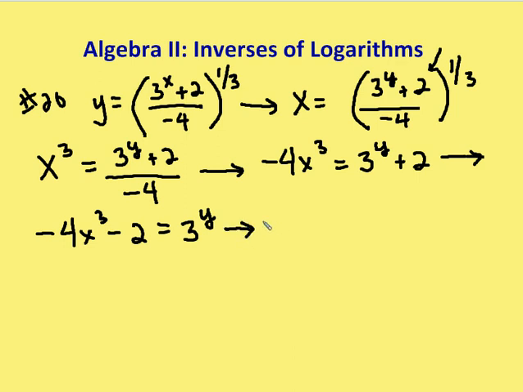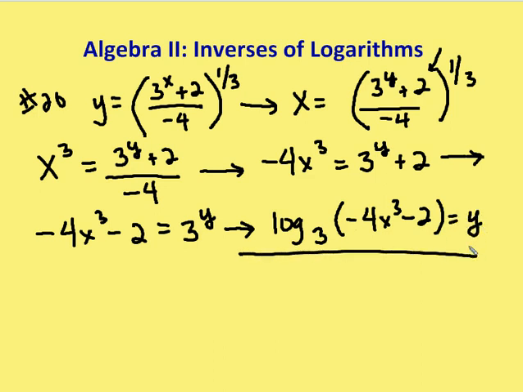I write it in log form. So I have log with the base of 3, and again the parentheses here, of (negative 4x to the 3rd minus 2) is equal to y. And that is your answer.